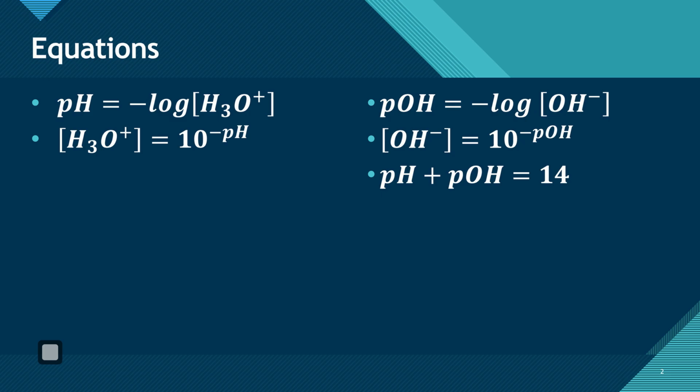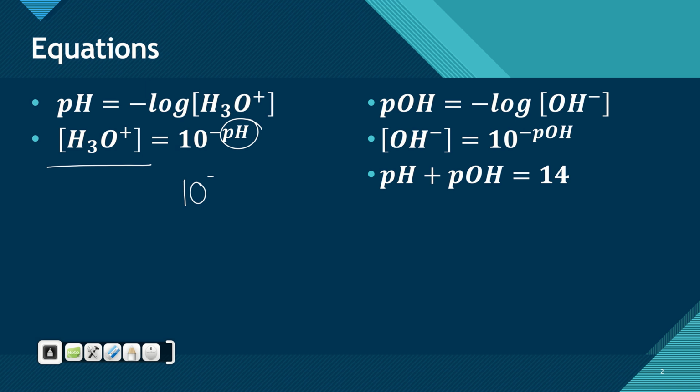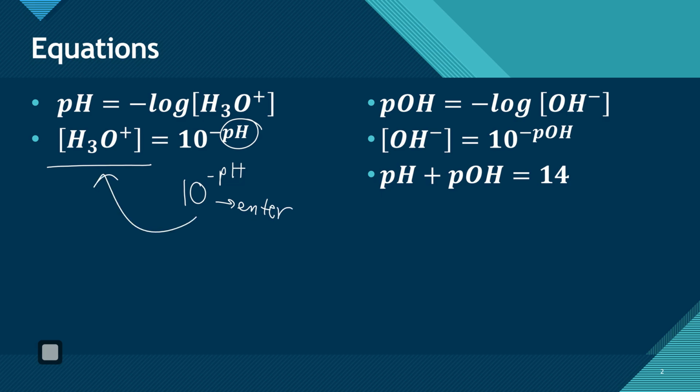You don't need to know a lot about logs. Just plug it on in, negative, hit the log button, type in the concentration. If you want to find the concentration and you're given the pH, you type in 10 to the exponent negative pH, and then you hit enter. That'll give you the concentration of H3O plus, which we should be putting into scientific notation.